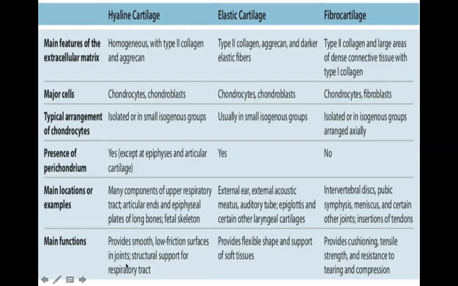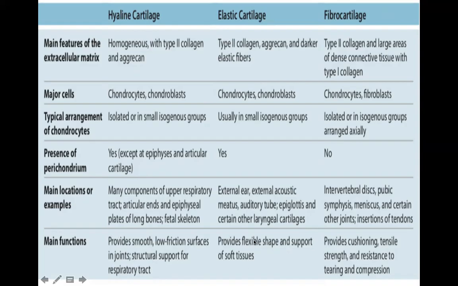Your hyaline cartilage's main function is to provide smooth, low friction surfaces in joints. That's why all joints have hyaline cartilage. They also provide structural support for the respiratory tract. I'm talking about the trachea and the inner lungs. They are all hyaline cartilage. What about elastic cartilage?